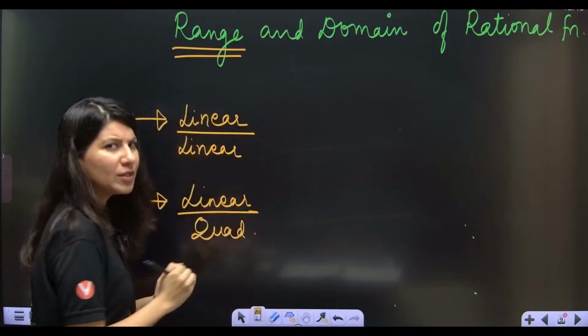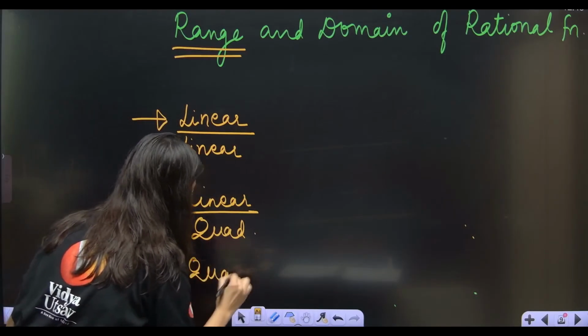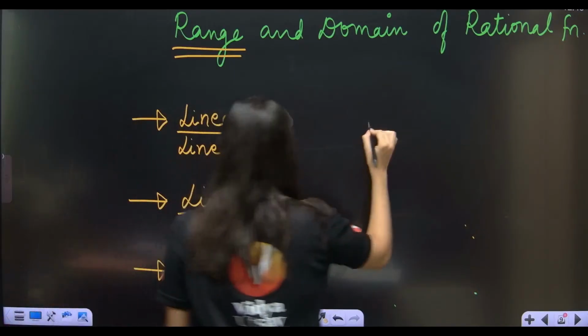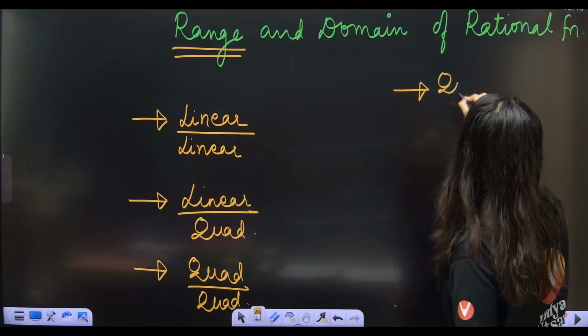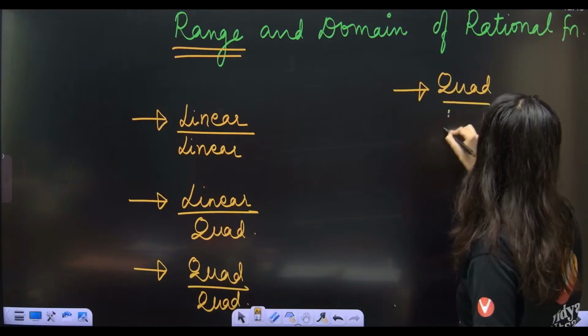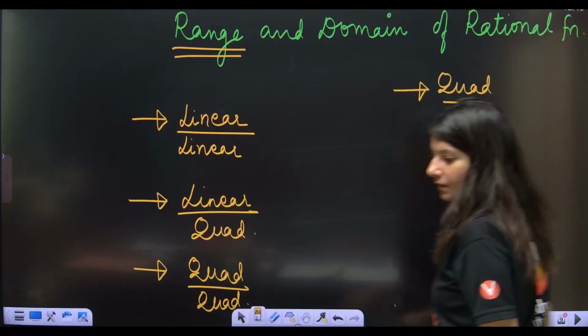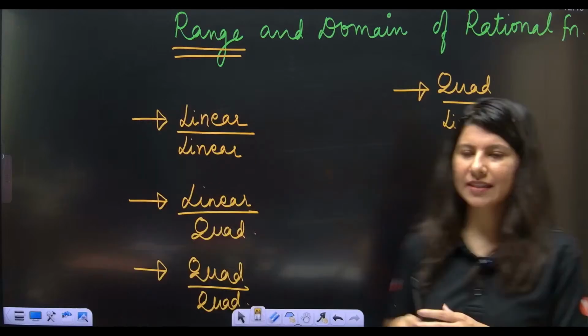Basically polynomial by polynomial. Quadratic by quadratic is also, and this is, by the way, very popular. And then we have quadratic by linear. All these combinations we are going to focus on. All right, everybody, getting it? Yes.